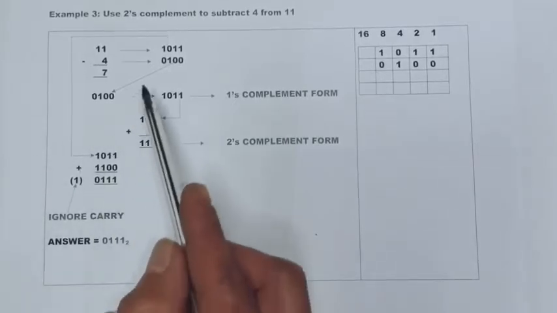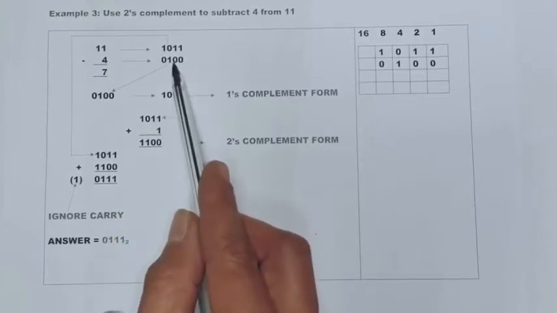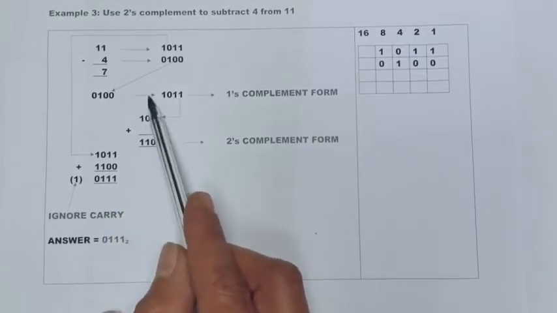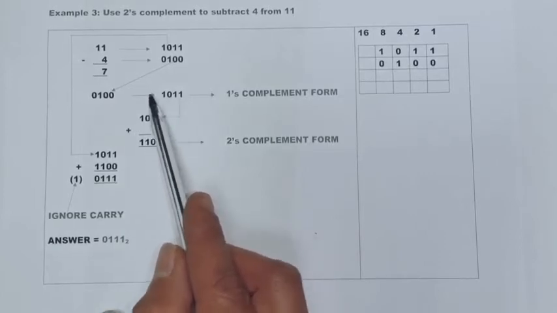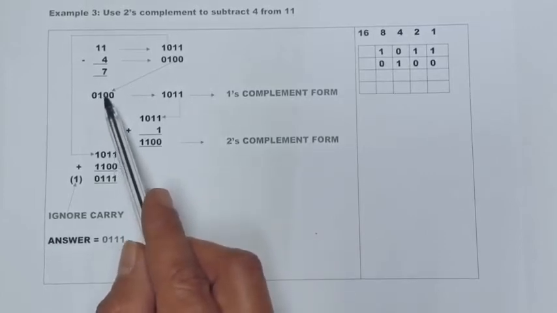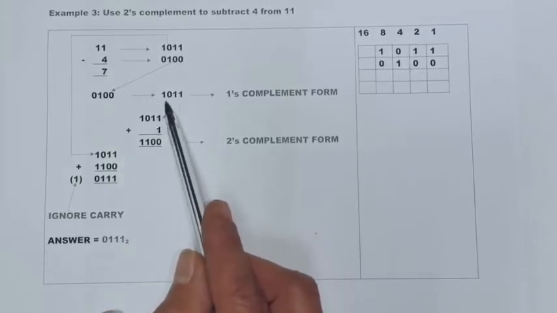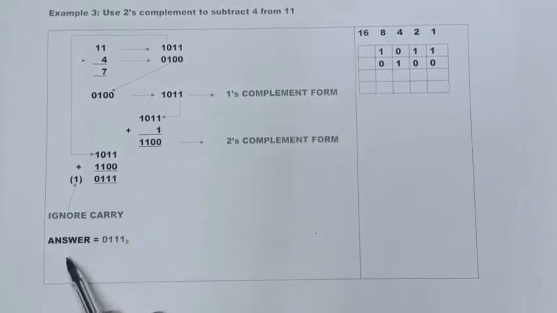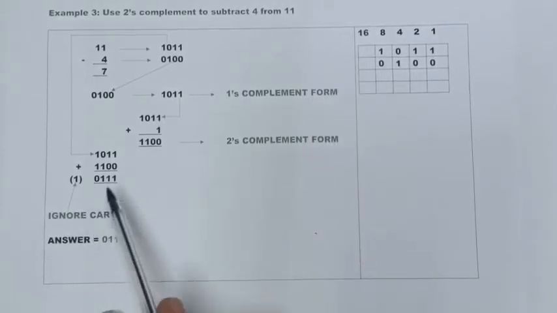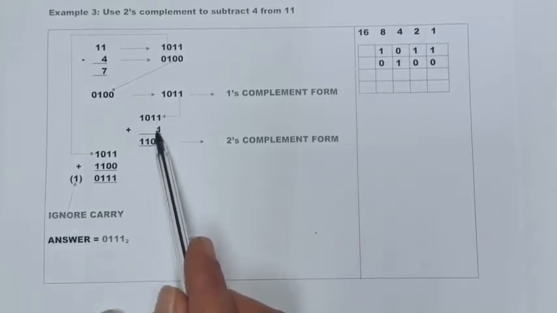The next thing that you will be doing is take the second value, which is 4 in binary, and get the 1's complement for that specific binary number. The 1's complement for 0, 1, 0, 0 is 1, 0, 1, 1, and that will be in its 1's complement form. Next, you take the 1's complement number and add a 1.